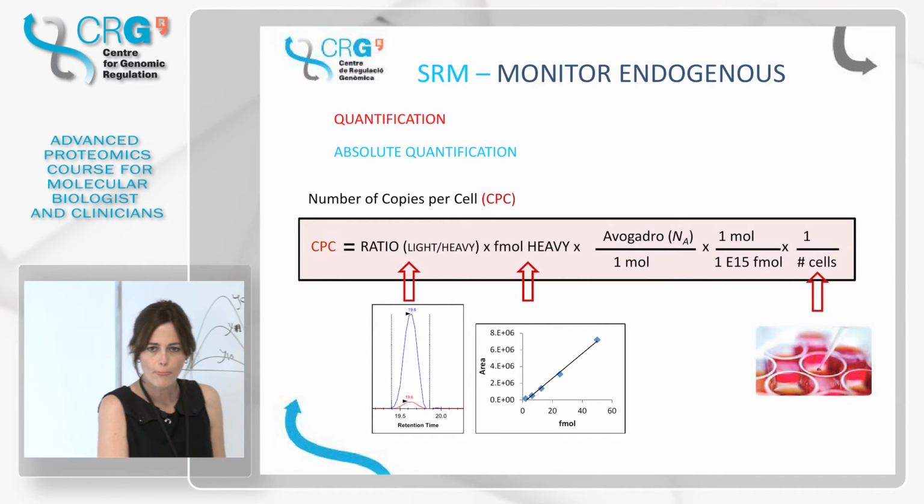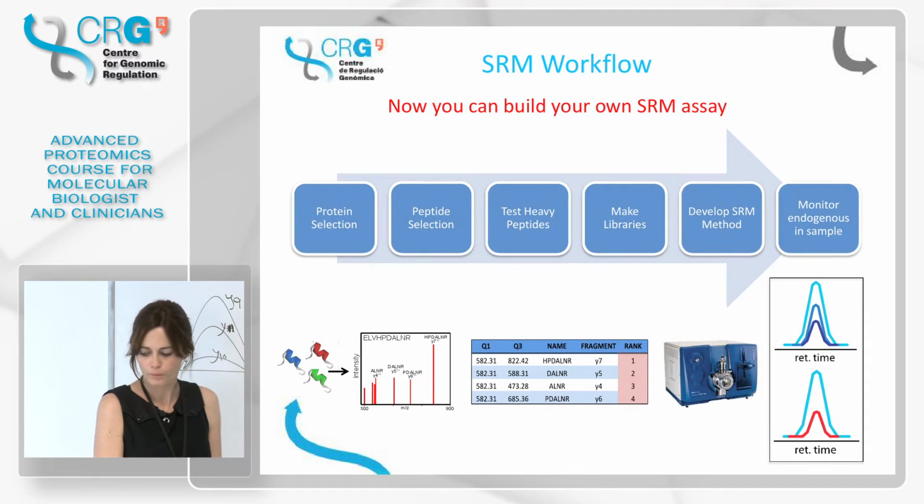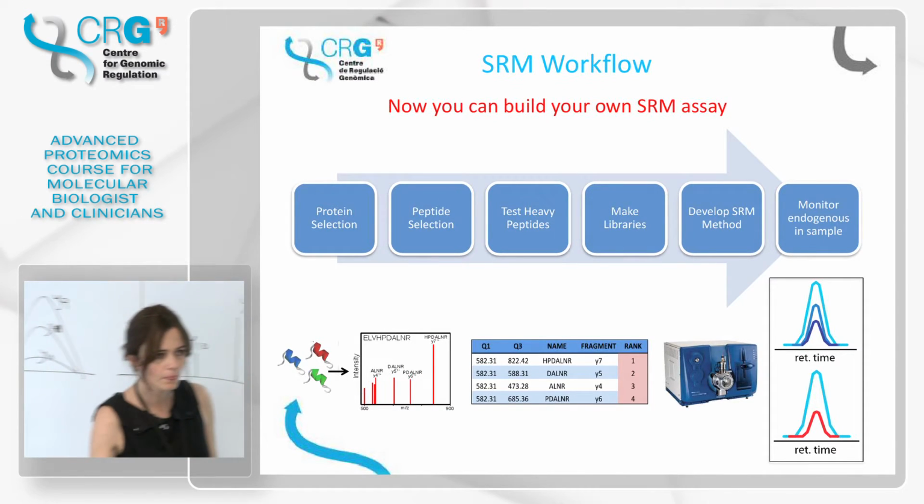You have to check that the signal of the internal standard is correct with your calibration. But the calibration is not done with the ratio, it's done with the response.